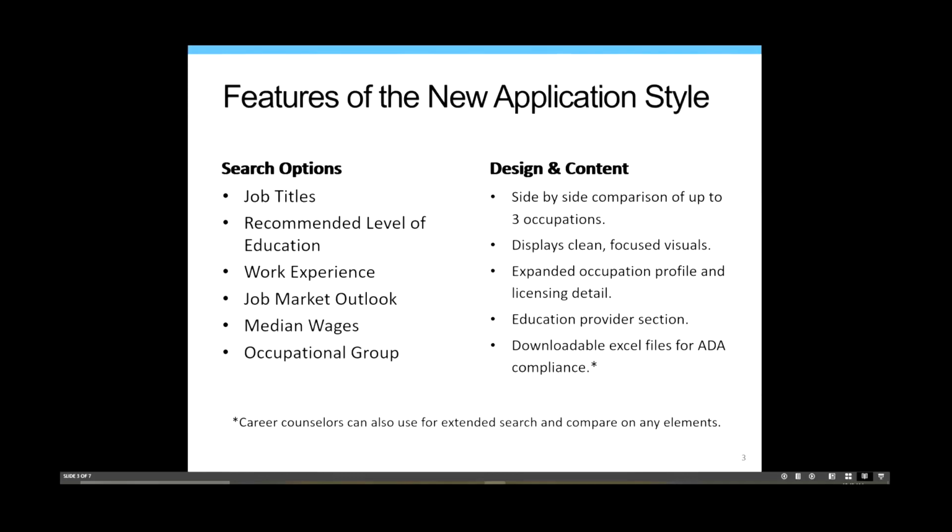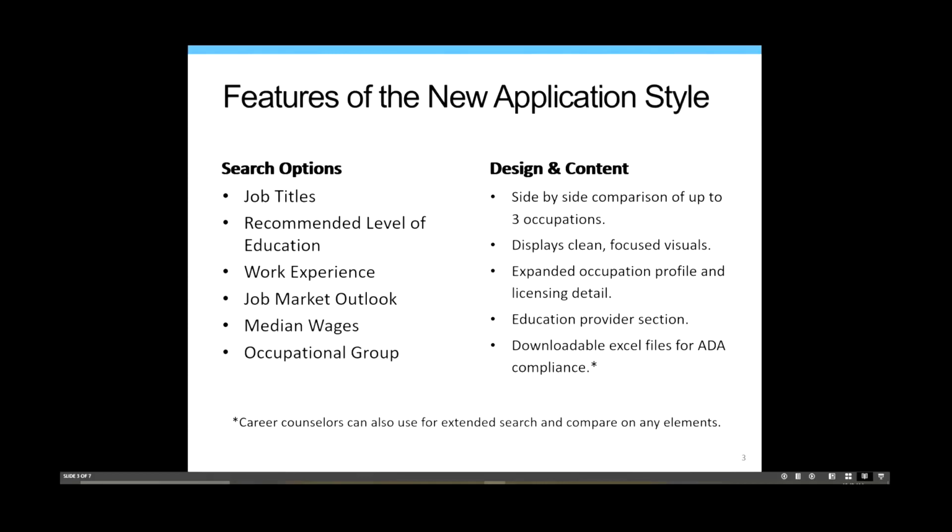The new application style of our occupational guides has enhanced some of the content and function for our users. We have expanded our search options to include a range of information, including the job titles that fall under each occupation, education, work experience, job market outlook, wages, and occupational group. And we've designed the content so that users can do side-by-side comparisons of up to 3 occupations at a time.